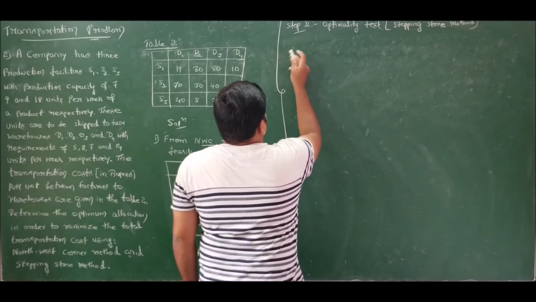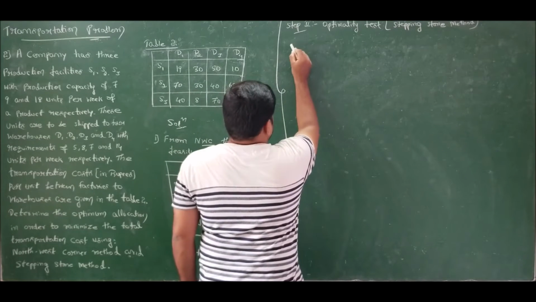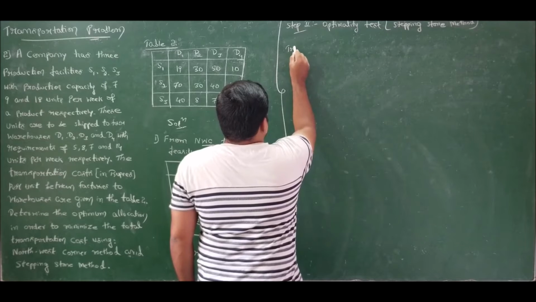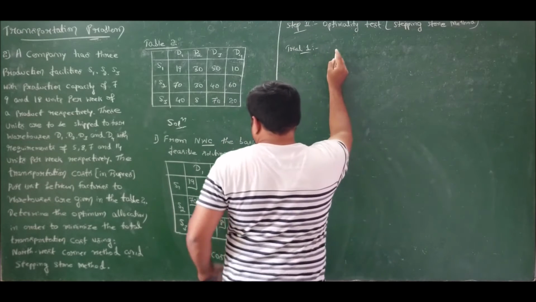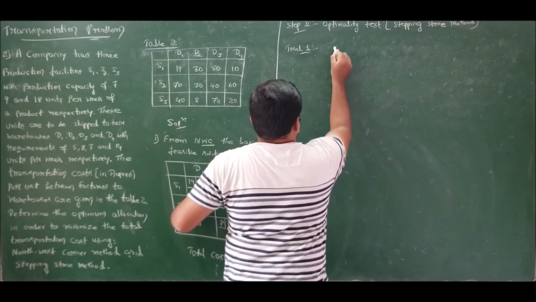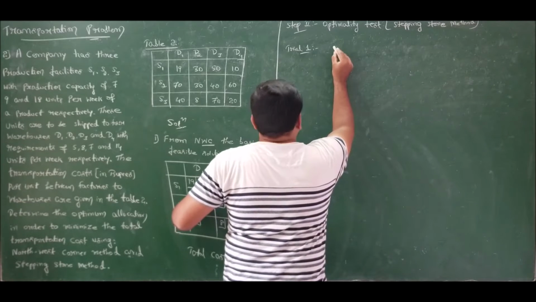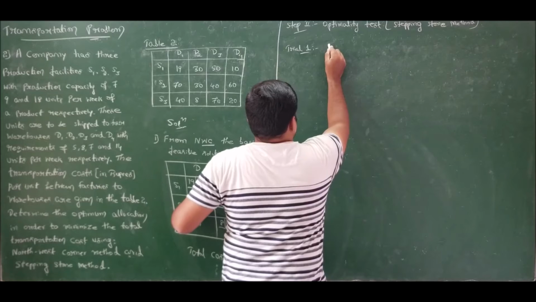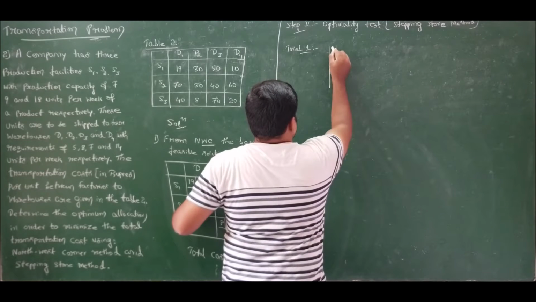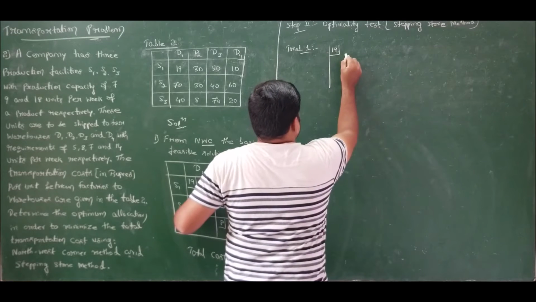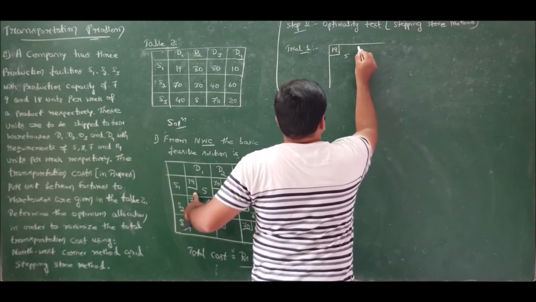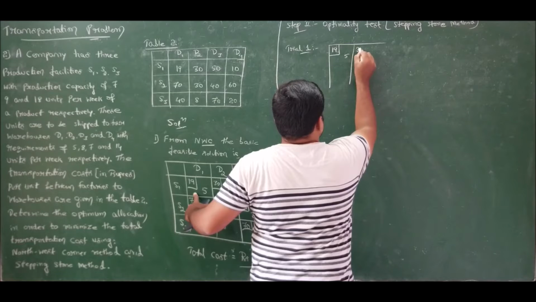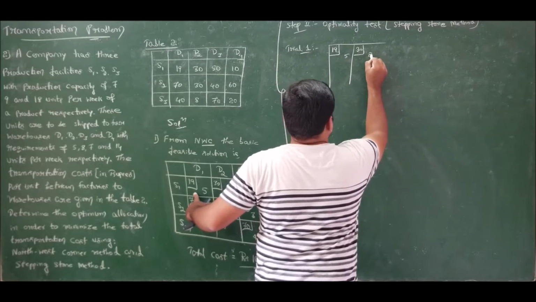So in step 2, we go for trial 1. Let me write only the cost matrix and allocations. So we have 19, with allocation as 5. Next we have 30, for which we have allocation of 2.